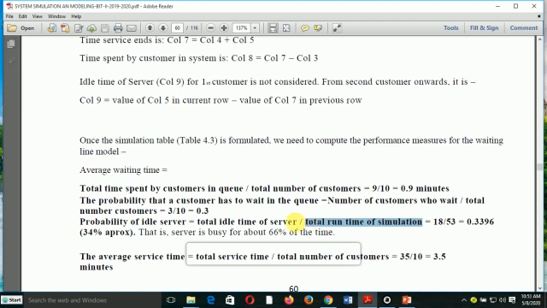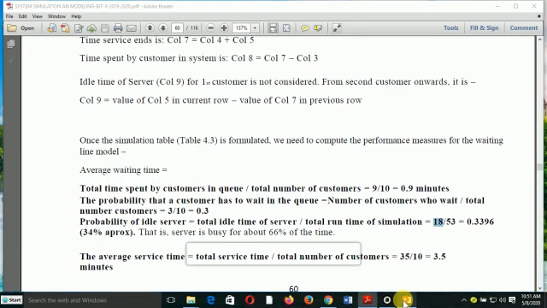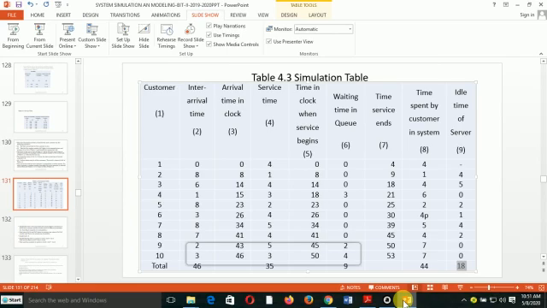So we take the time the server has been idle over the total simulation time. We take 18, which has been idle, divided by the total simulation time, which is here.